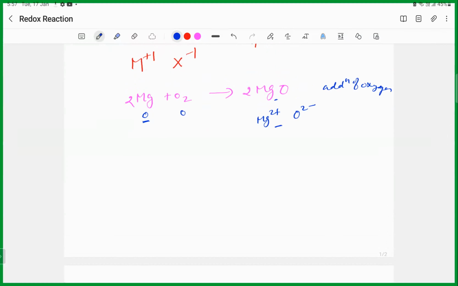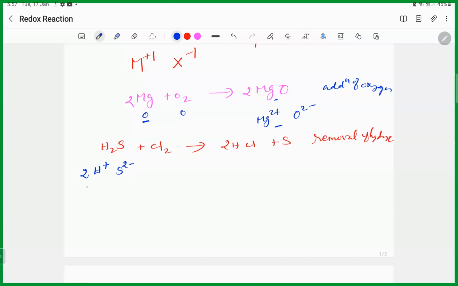And then when you take hydrogen sulfide gas and add an electronegative element, chlorine, it becomes 2HCl and sulfur. Here you are removing the hydrogen, so it is removal of hydrogen. Here the hydrogen becomes 2H+ and S2-.